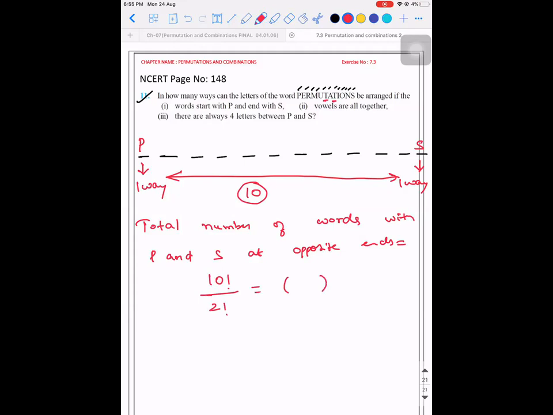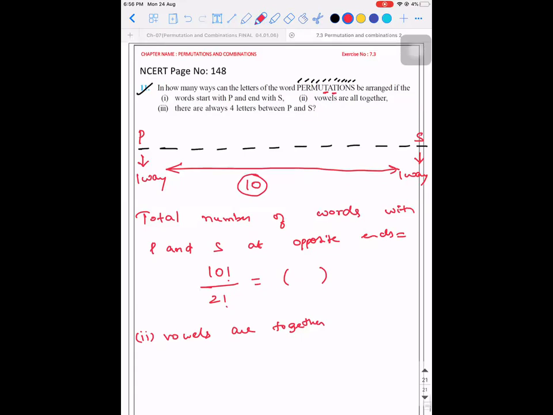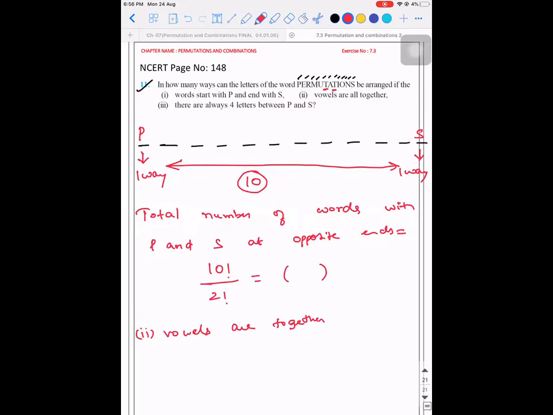Are you guys able to understand, or do you want me to repeat it? Now, how do we do the vowels together? All the vowels are there: A, E, I, O, U. So we take all the vowels as one.